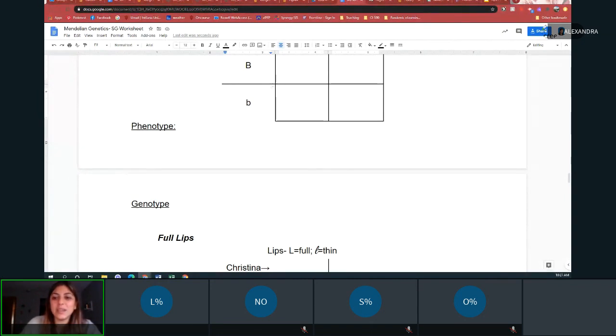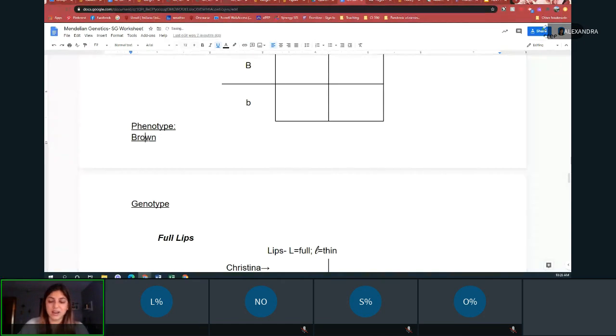Okay, so what did we get as an answer? Did anyone have a chance to finish this Punnett square? What was the phenotype? What were our options? What possible eye colors could Luke have had? The majority is big B, so I'm guessing you mean brown.